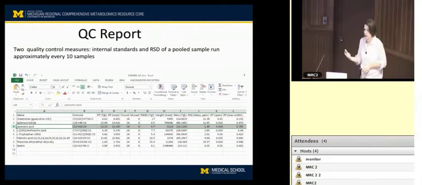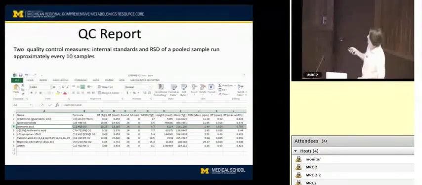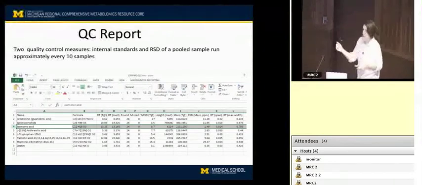So this will tell you a little bit about recovery. In other words, if we're having pretty consistent RSDs over all the samples, then our recovery of that sample when we've brought it back into solution was pretty good. We also have another internal standard that we add to the resuspension buffer.